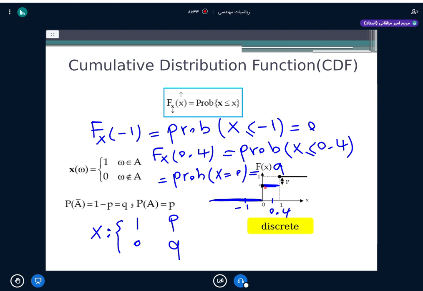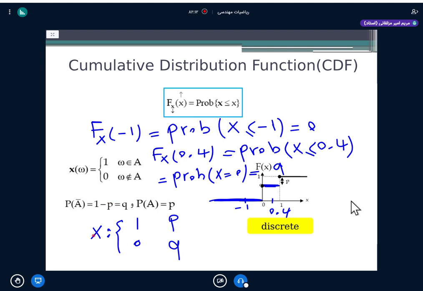So we choose a point at random, 0.4, and we want to compute the CDF at this point. According to the definition of the CDF, it is the probability that the random variable is equal to or less than this value.